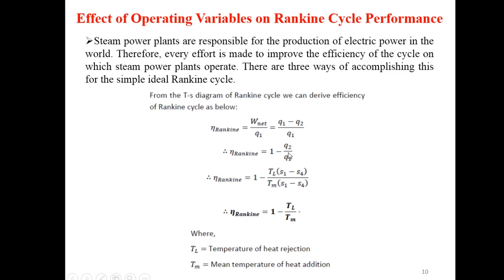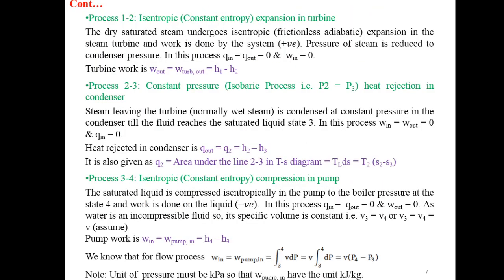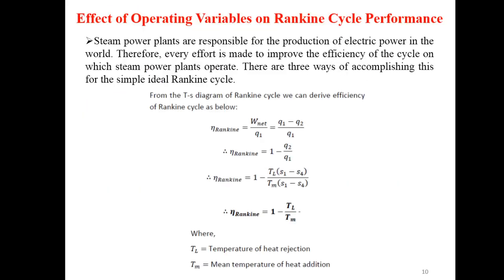So if you put the value of heat ejected, the formula is TL times S1 minus S4. So here there is a mistake. This formula will be S2 minus S3. So here we have S2 minus S3. If S2 equals S1 and S3 equals S4, this will become S1 minus S4.